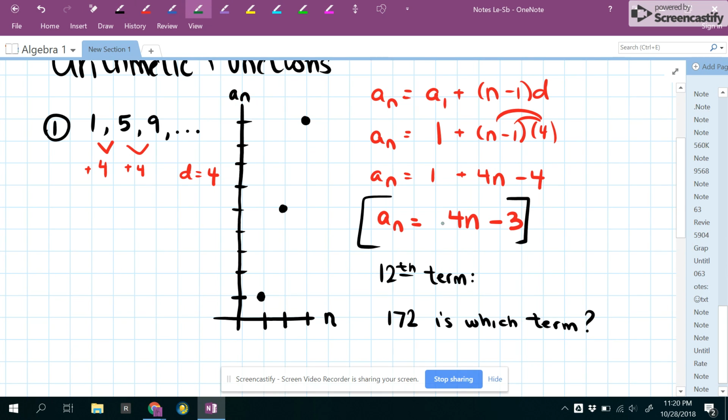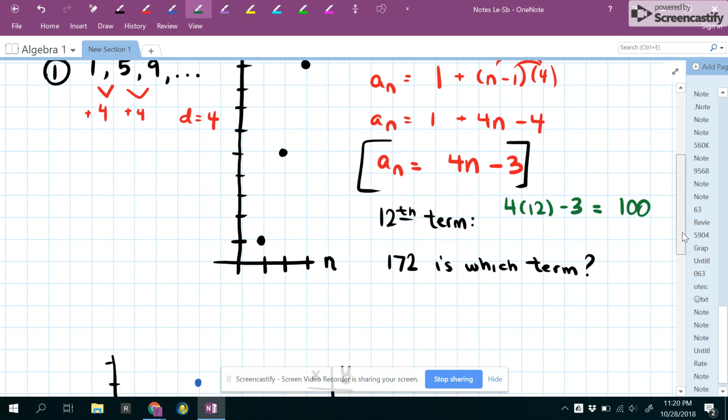So to find the 12th term, you just plug in 12. 4 times 12 minus 3 should give you a nice even 100. For the second part I asked you to do, 172 equals 4n minus 3.